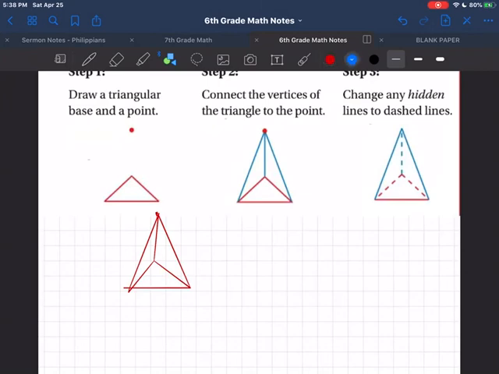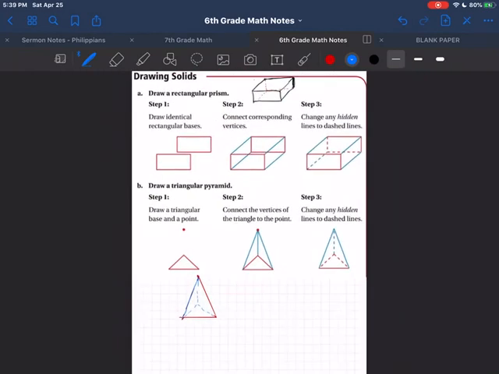And then the hidden ones are back here. So I need to get off of that. So the hidden ones are right here. So have some fun with that. Let's see if you can draw some. Once that's done, we need to move on. And then these are the parts we can't see.